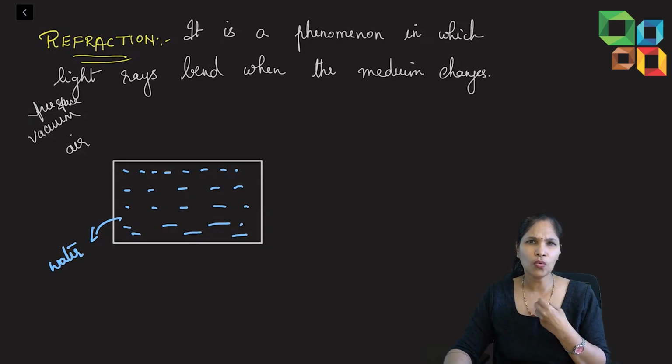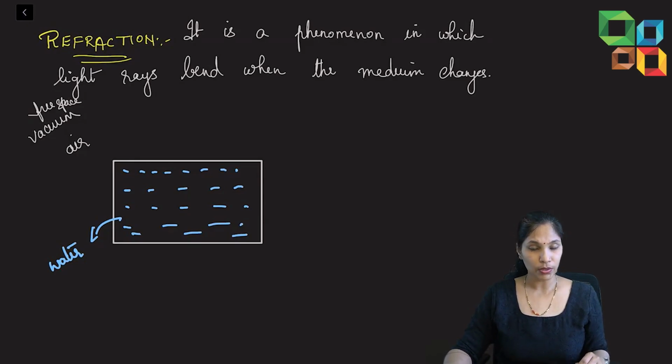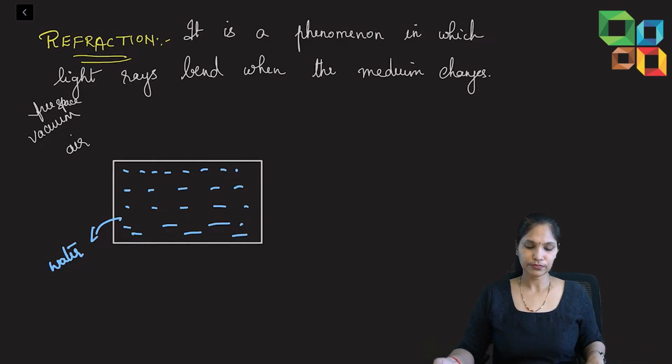Vacuum means there are no air particles, no molecules, nothing. But in air, there are certain gas molecules. But whatever it is, their nature is very close to each other. So we consider air and vacuum to be almost the same, approximately. So when I say vacuum or air, the meaning is the same.